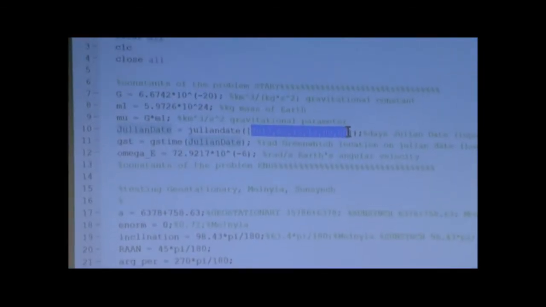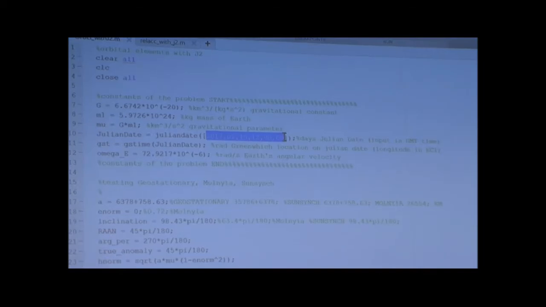You have these two functions, called Julian date and GST time. This function does the following. You input a certain date, year, month, the day of that month, and then time, and that is Greenwich time, GMT time, okay? So that means noon, the way I have it right there.